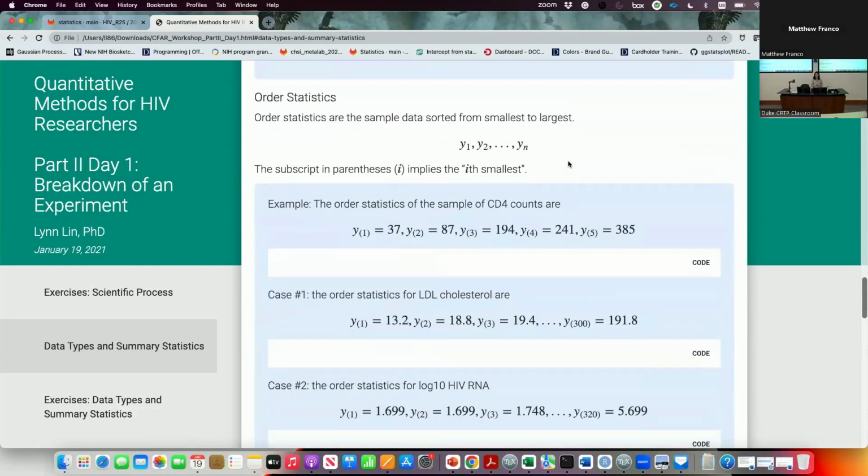The order statistics, why are the order statistics important? Because sometimes you want to sort the data from the smallest to the maximum, because you want to see the extreme values of this sample. Who is the youngest person in your sample? Who is the oldest person in your sample, right?